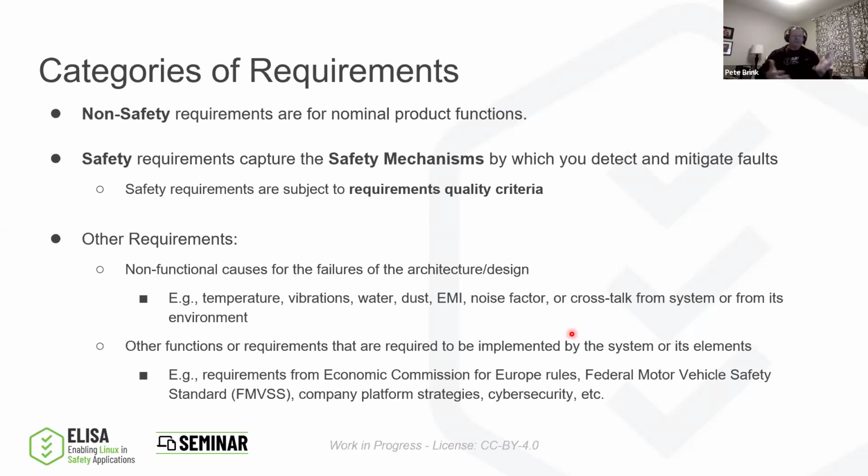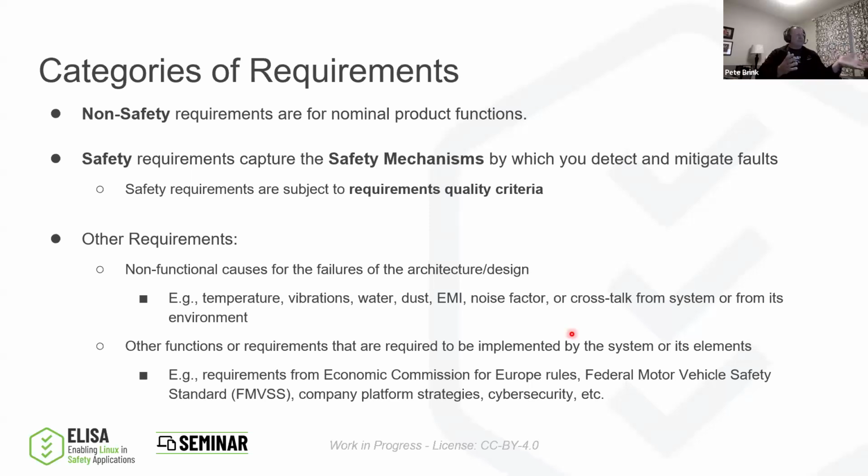The quality criteria basically apply to everything. In fact, I created a document that is available in the ELISA repository that goes through both a process and a set of criteria that you can use to evaluate documentation in general, but certainly you could also apply it to requirements that you've written.